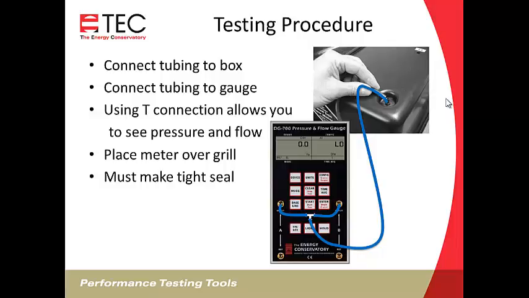In order to get an accurate measurement, you need to be accurately reading the pressure caused by the flow going through the fan, and that will only happen if it makes a tight seal.